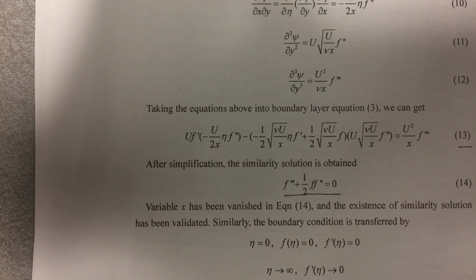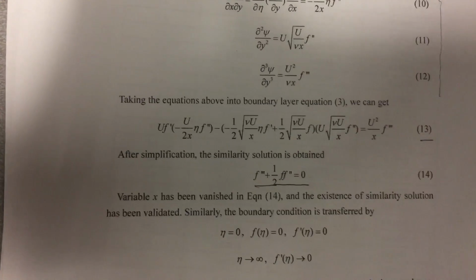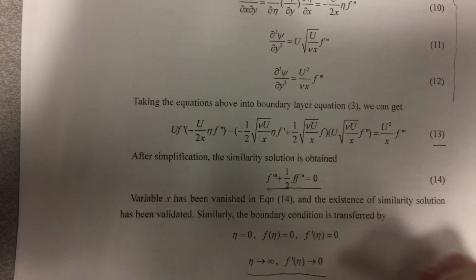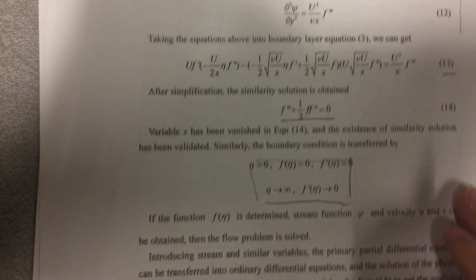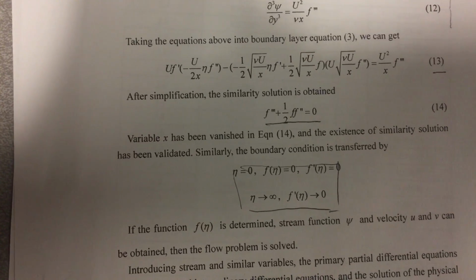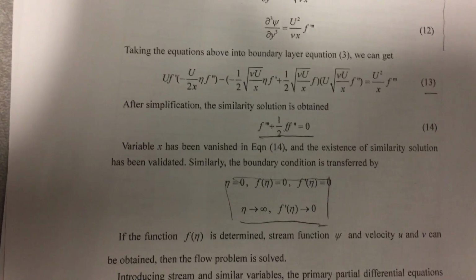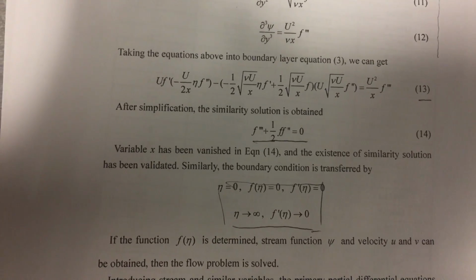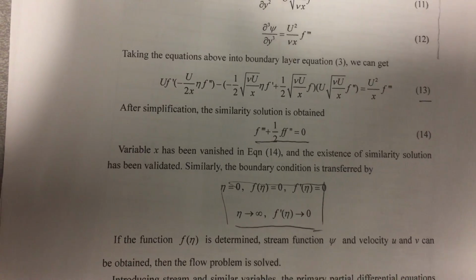That is, the boundary conditions are transformed by this. So if the function f and eta are determined, the stream function phi and velocities u and v can be obtained, then the flow problem is solved.